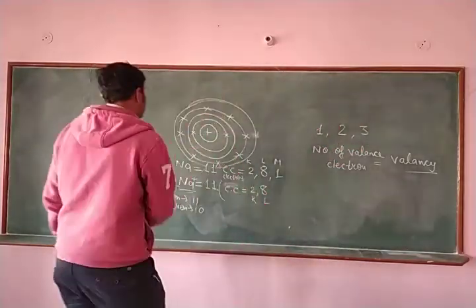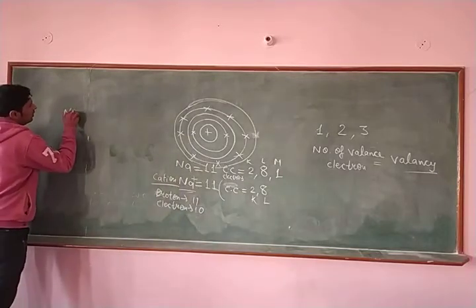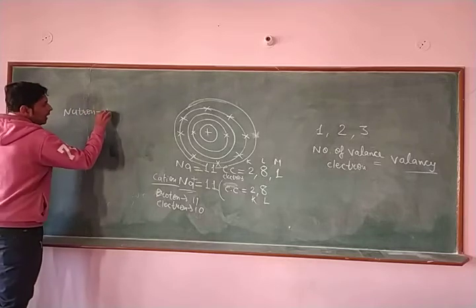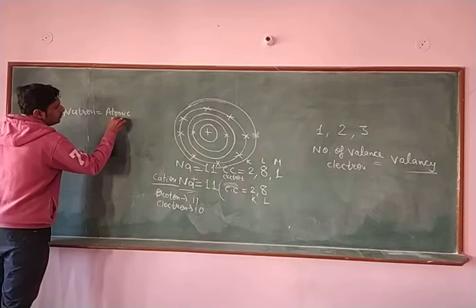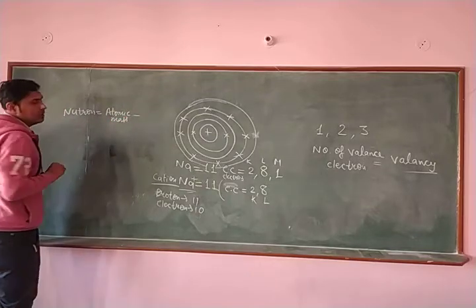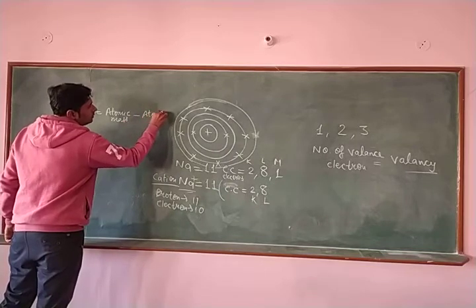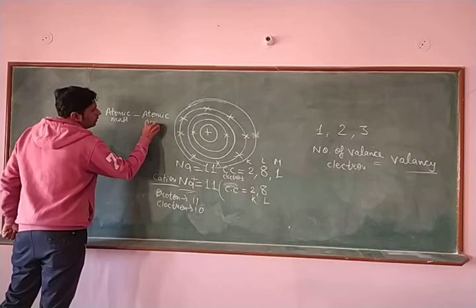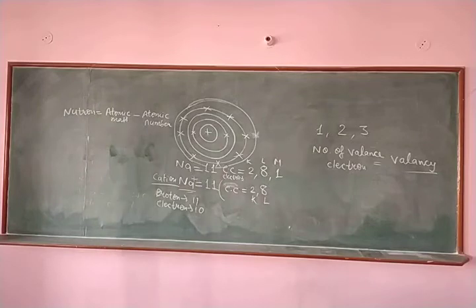The number of neutrons we can calculate by a formula, that is neutron equals atomic mass minus atomic number, the number of protons.